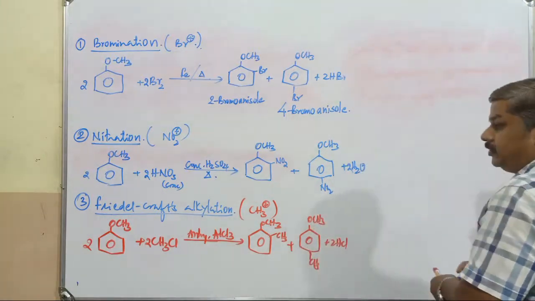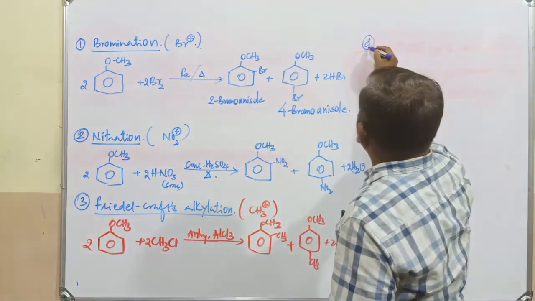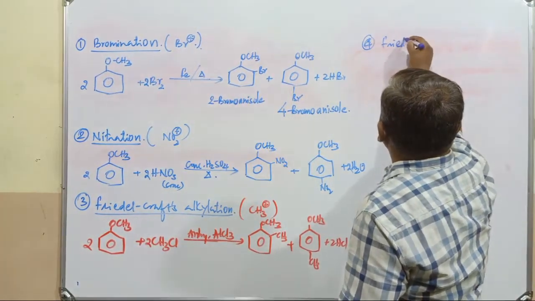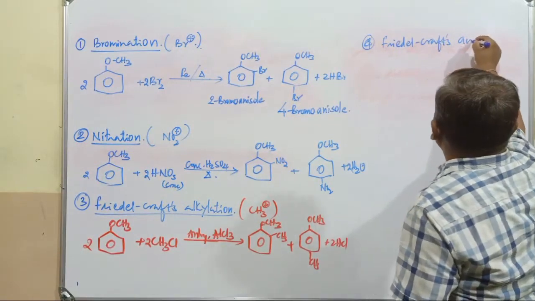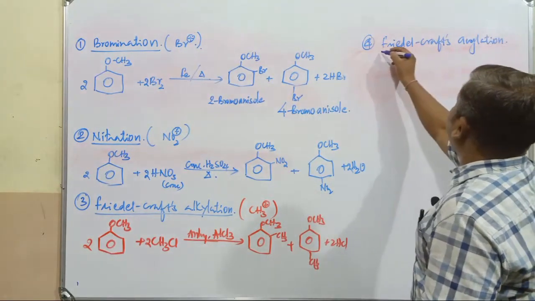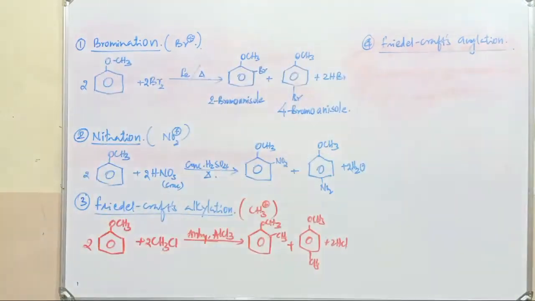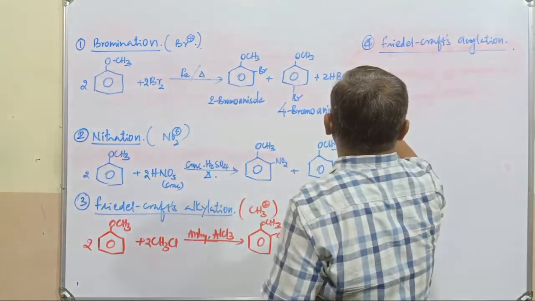One more reaction after alkylation. Fourth one, it is number 4, we can consider Friedel-Crafts acylation reaction. What happens in case of Friedel-Crafts acylation reaction? The acyl group attacks the anisole compound.